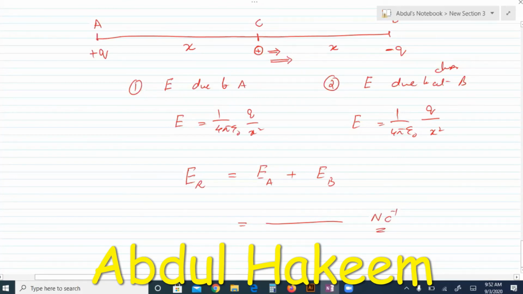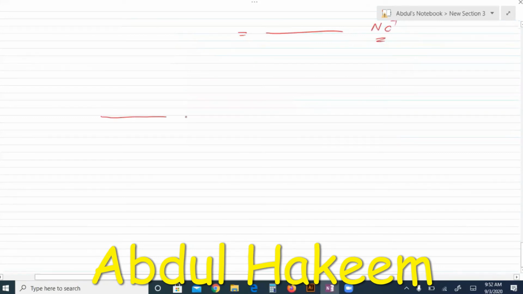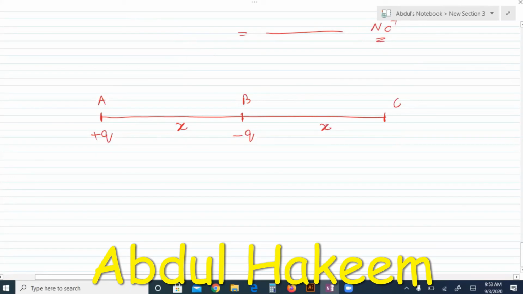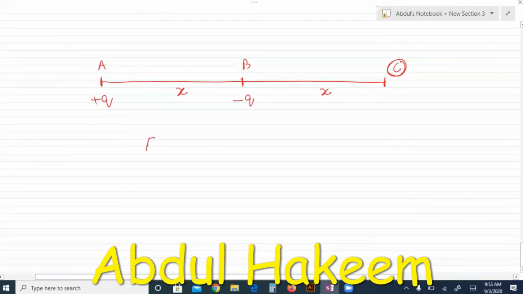Now, number 3 situation. If this is the line, this is A, this point is B, this point is C, this is positive charge, this is negative charge, this distance is X, distance X. Now, resultant electric field strength at C is required, which is the right side of both A and B. Electric field strength at C due to A will be equal to 1 over 4 pi epsilon naught Q divided by D square.